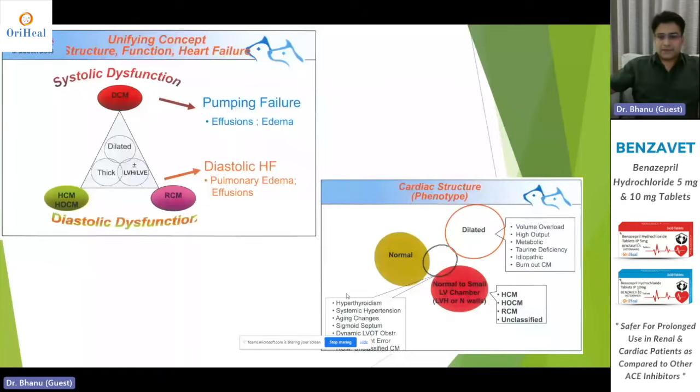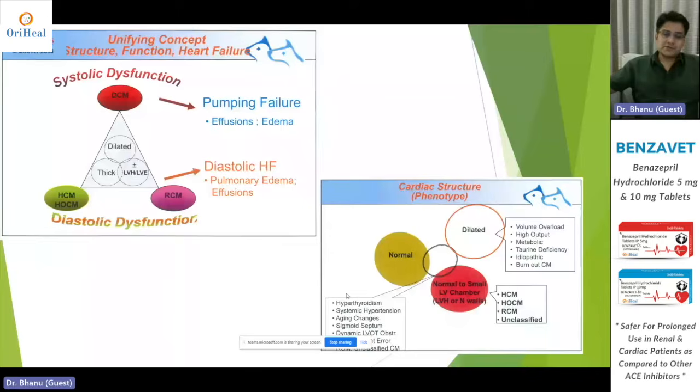And on the other hand, for cardiac structure and phenotype, in dilated cardiomyopathy, you would have volume overload of all the chambers or of the left heart. You would have sometimes taurine deficiency dilated cardiomyopathy. So in cats with DCM, specifically those who are on home diets, the taurine levels should definitely be measured.